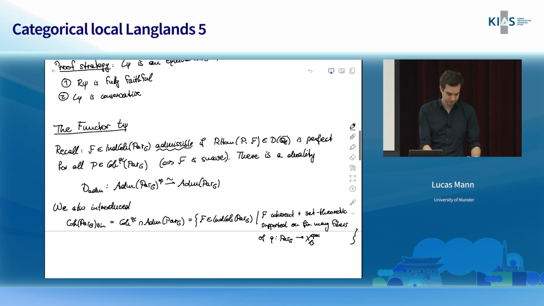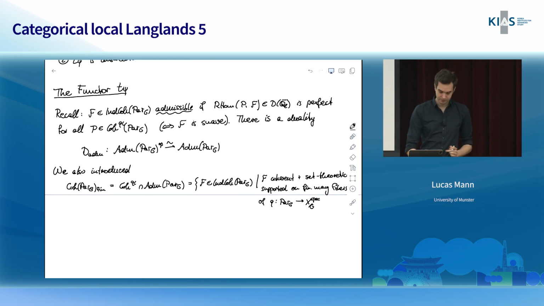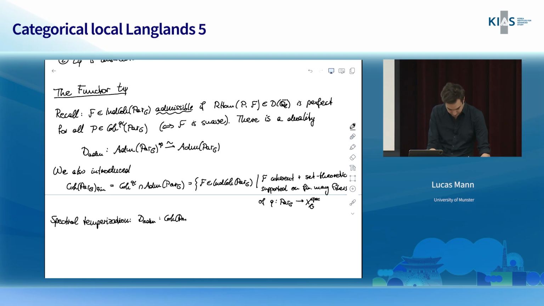Okay. And then there was this spectral temperization result that told us that if I take an admissible sheaf, if I take a finite sheaf, so this then goes to IndCoh, of course.